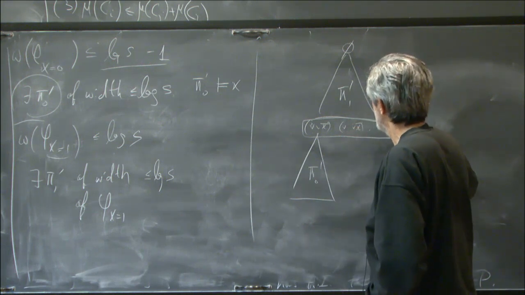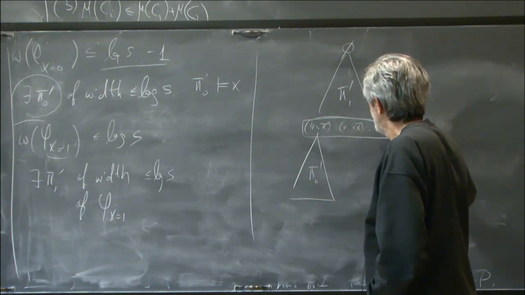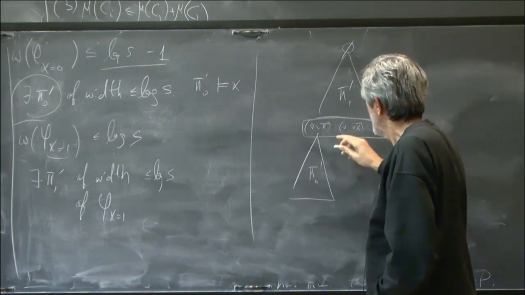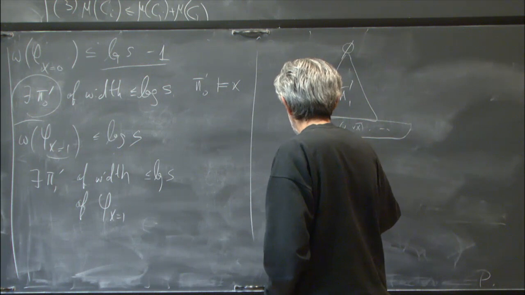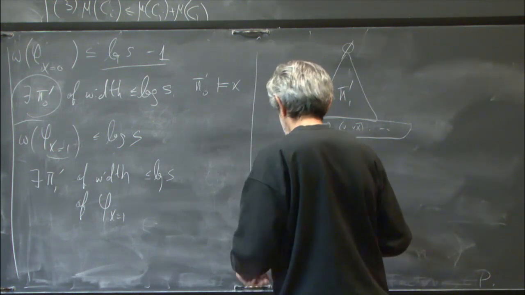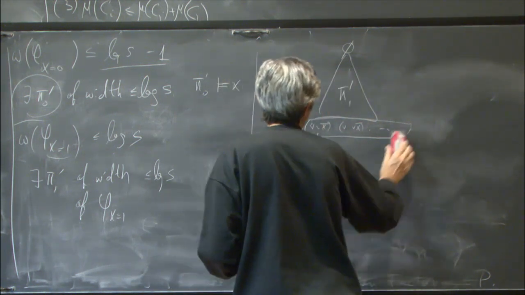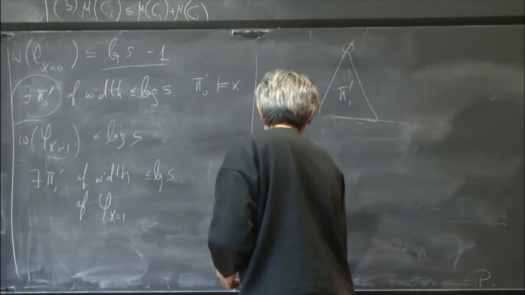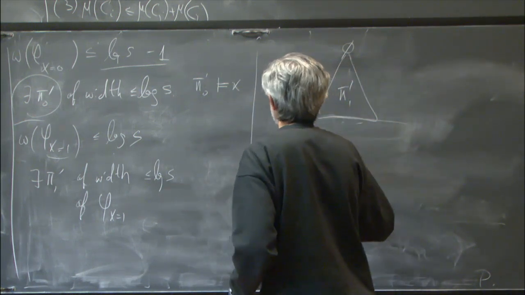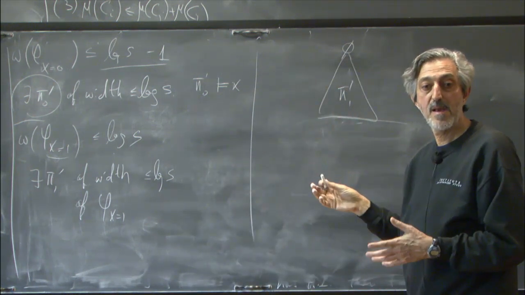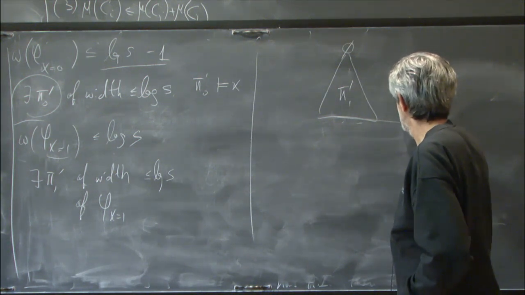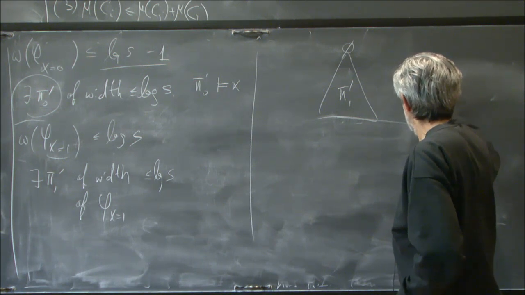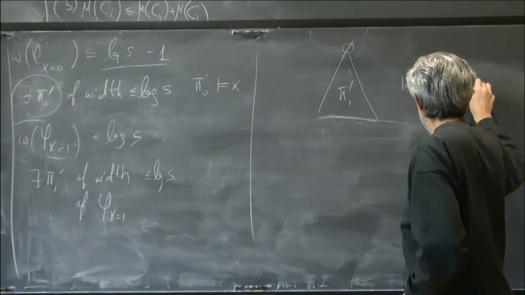So is it pi 1 prime or pi 1? No, I want something that is narrow. So I want something with the width of this pi 1 prime at most log s.